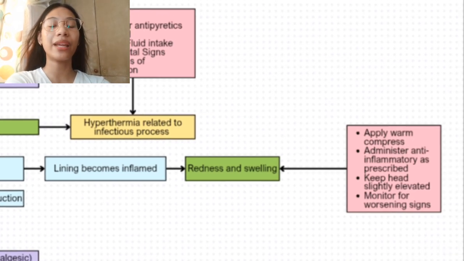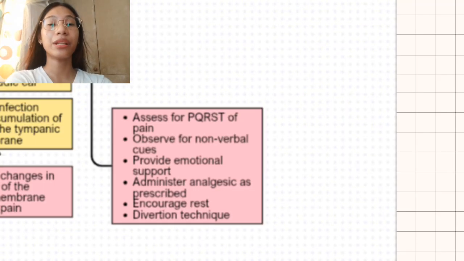So we will be applying a warm compress, administering anti-inflammatory as prescribed, and keeping the head elevated. For the pain management, we have to assess using PQRST of pain, observe for nonverbal cues, and provide emotional support. Then we can also administer analgesics as prescribed, and encourage the patient to rest and use diversion techniques.